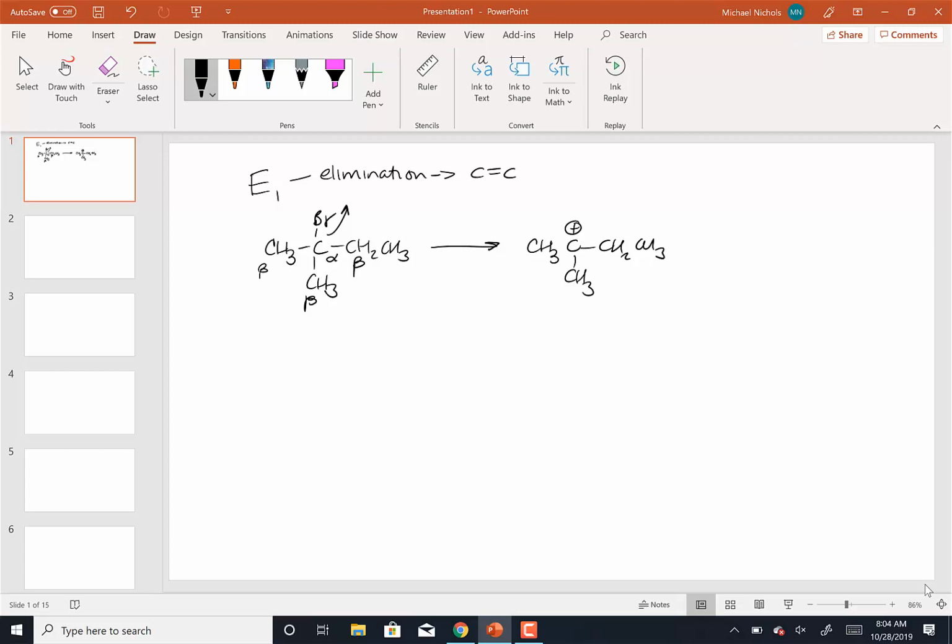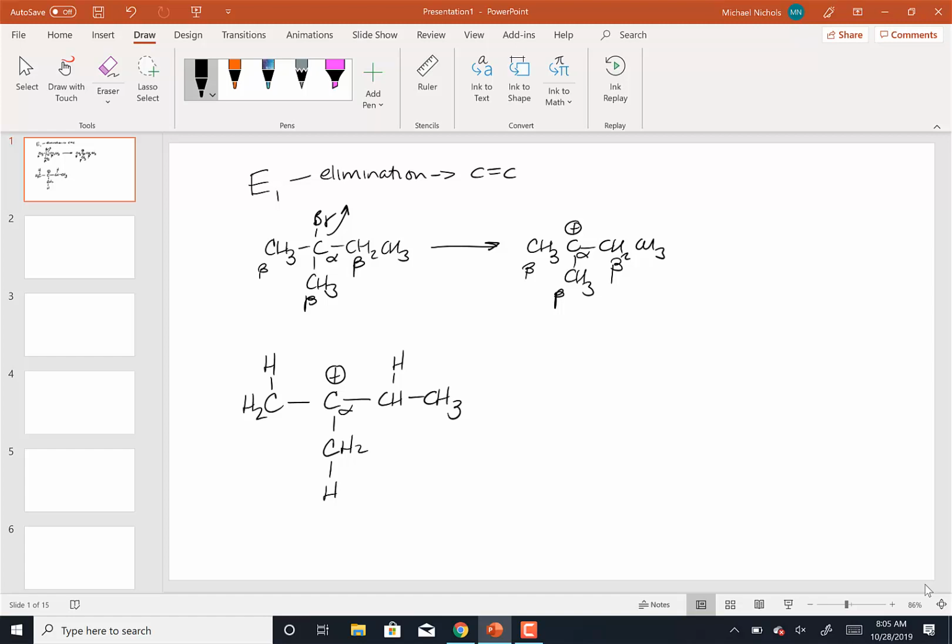So alpha carbon is the carbon with the leaving group over here. That becomes the carbocation, and then there are three beta carbons attached to that alpha carbon. So what I want to do is write out those C-H bonds explicitly here for the beta hydrogens.